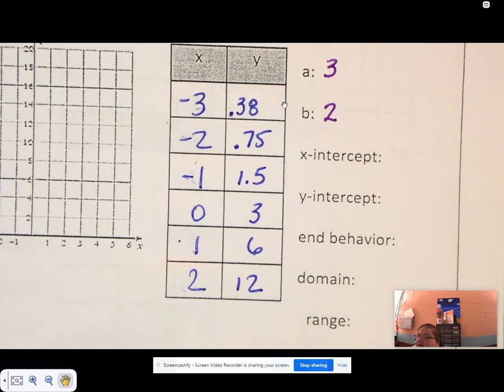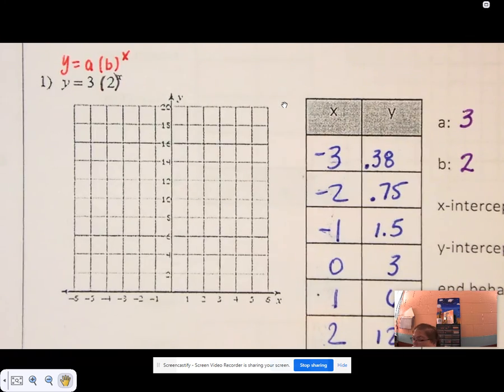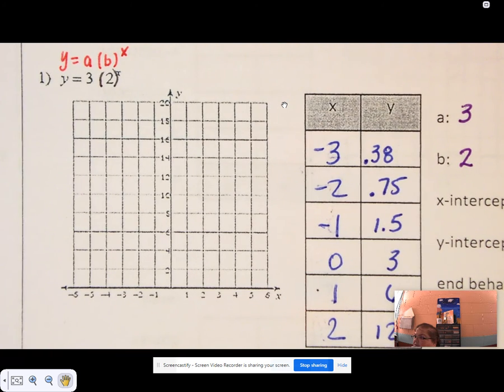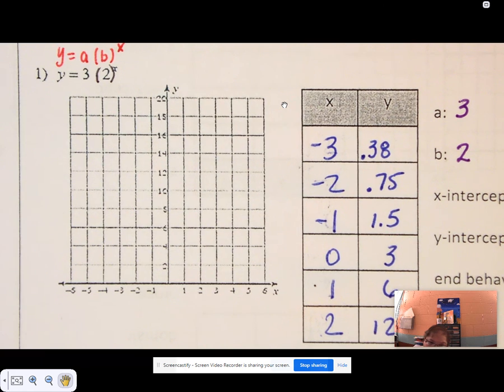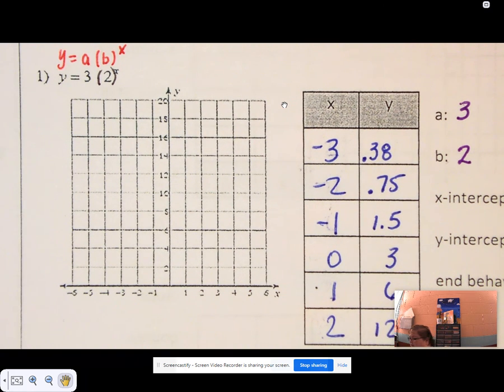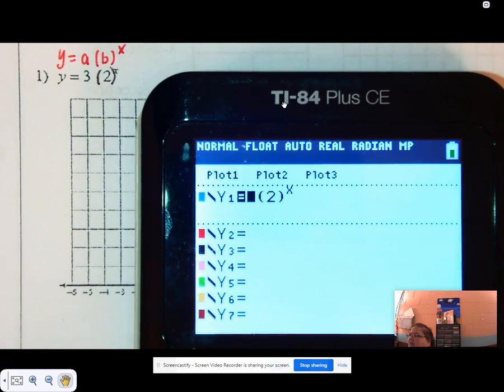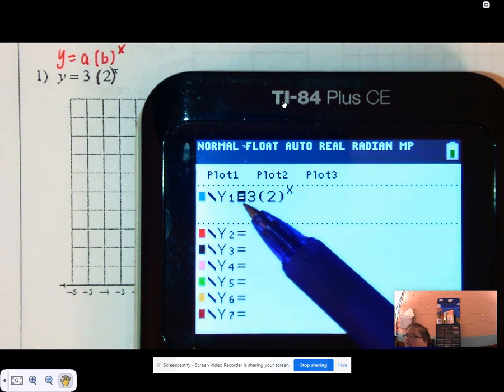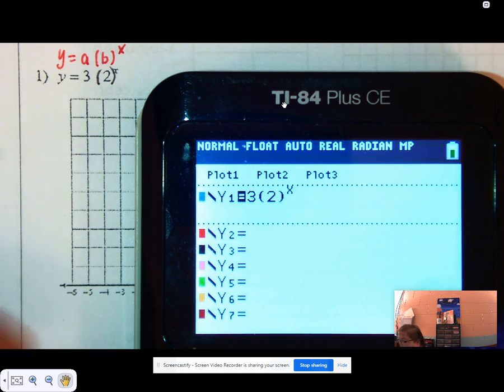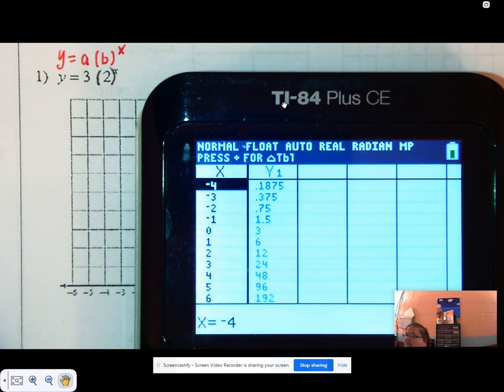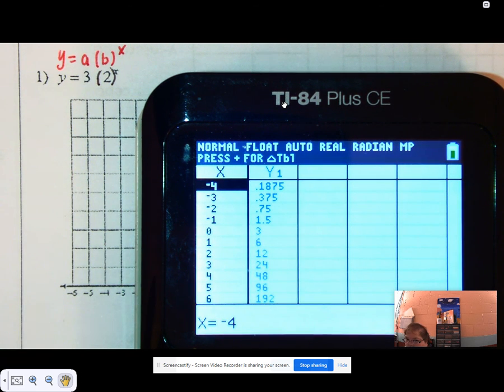Now, you can also, with your graphing calculator, do the table of values. Let me just remind you of how to do that, which is just a reminder because we've done this. If you're going to type it in your calculator, you go to y equals 3 times 2, but this time you have to use the x so it gives you all of those values. Then we go to second graph, because remember the word table is blue, so I've got to push blue to get to it.